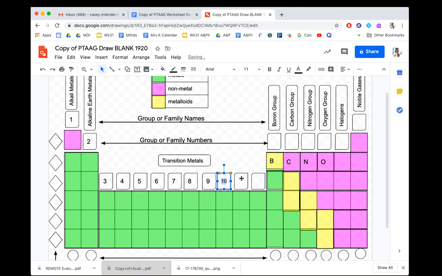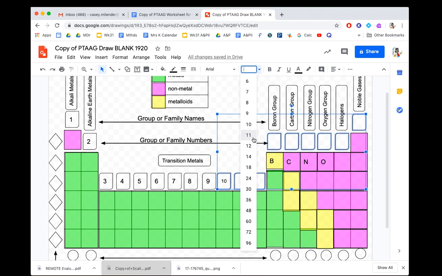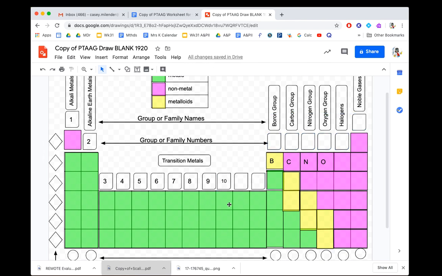All right, so I need to make all of the rest of these 11 font. I'll go up here and change that to 11. All right, so this is column 10, column 11, 12, 13, 14, 15, 16, 17, and 18.